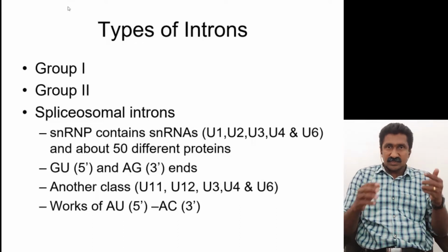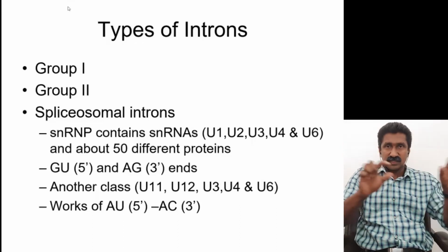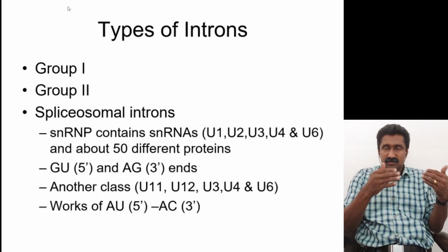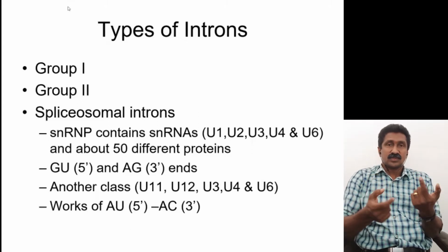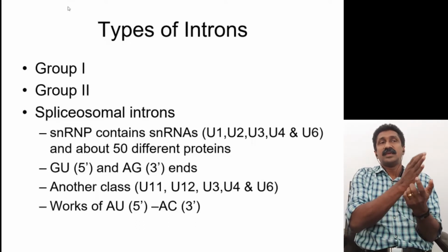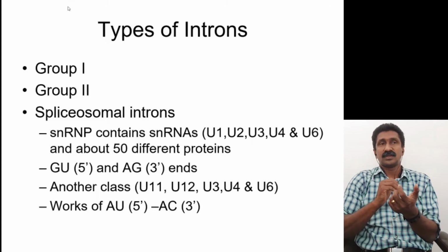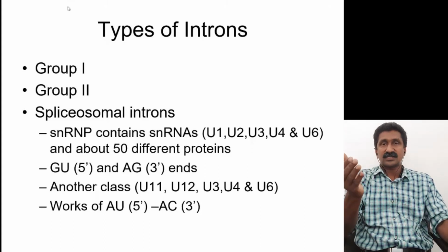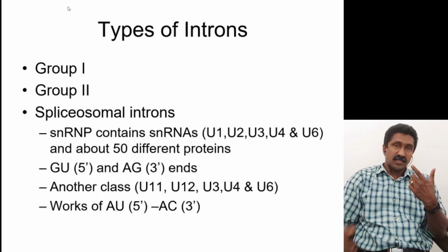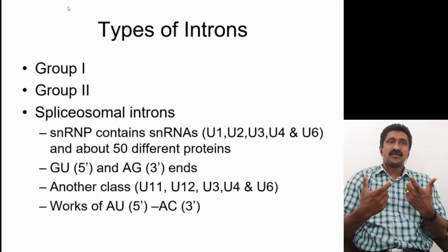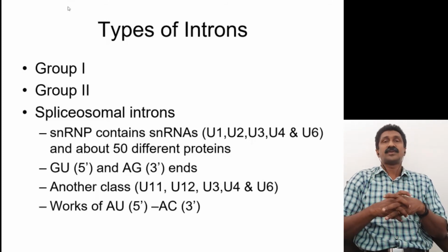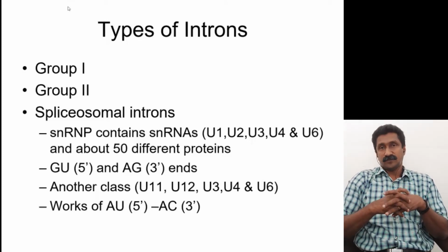There are introns and exons in the primary transcripts, and introns need to be removed from the intermediate position. So the 5' end of the intron has a GU or AU sequence, and the 3' end of the intron has an AG or AC, and based on these end sequences we will have different sets of snRNPs and different sets of proteins for splicing.